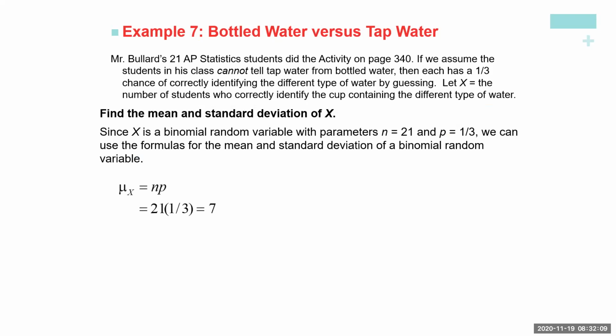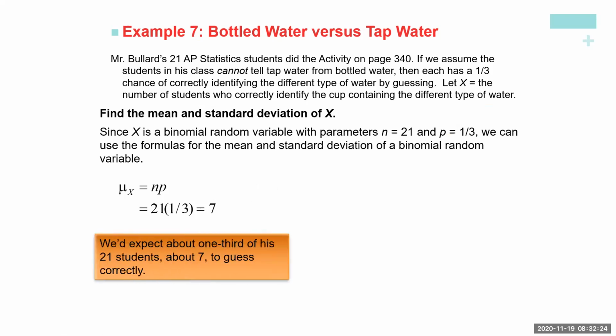So if we calculate our mean, mu sub X equals np, our number of trials, students, is 21. Our probability of guessing correctly is 1/3. So 21 times a third is 7. So we expect about 1/3 of his 21 students, about 7, to guess correctly.